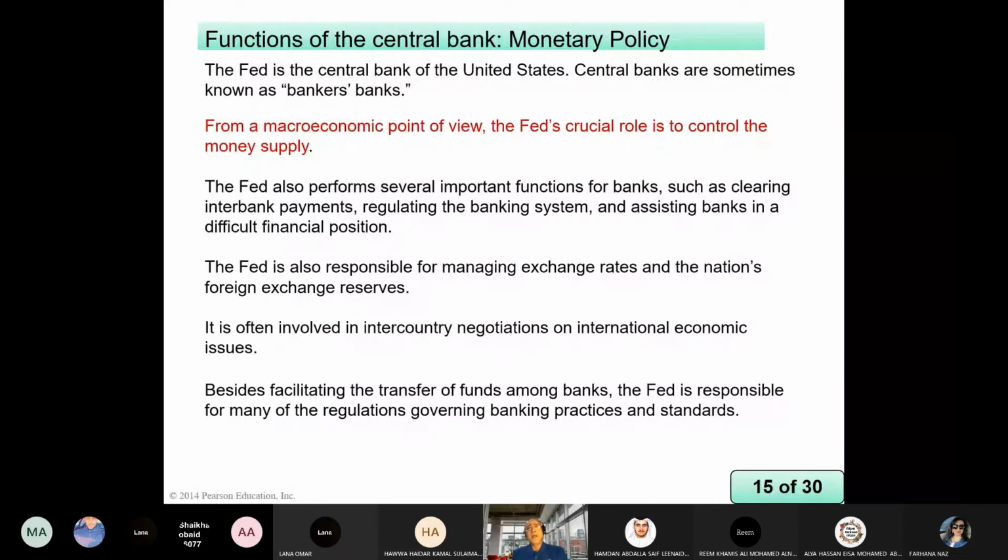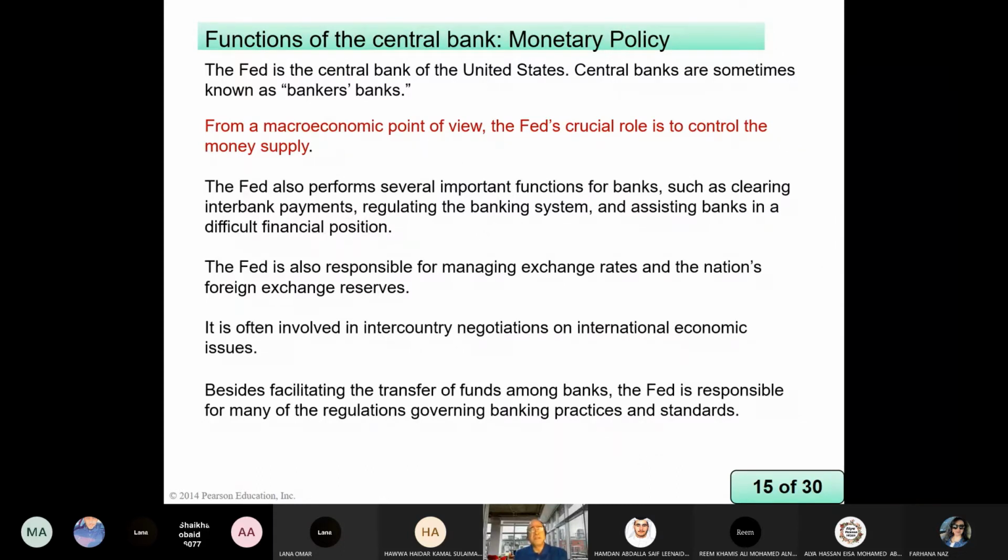So what is monetary policy? Monetary policy is conducted by the central bank, the United Arab Emirates Central Bank. And the central bank is a governmental organization, works on behalf of the government to ensure the financial stability in the country.